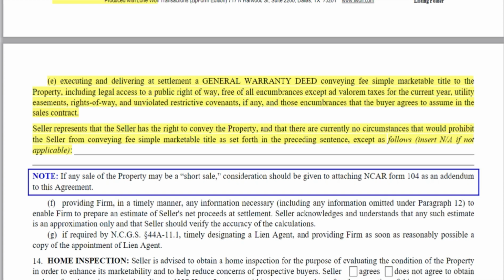The seller represents that the seller has the right to convey the property and that there are currently no circumstances that will prohibit the seller from conveying fee simple marketable title as set forth in the preceding sentence, except as follows.